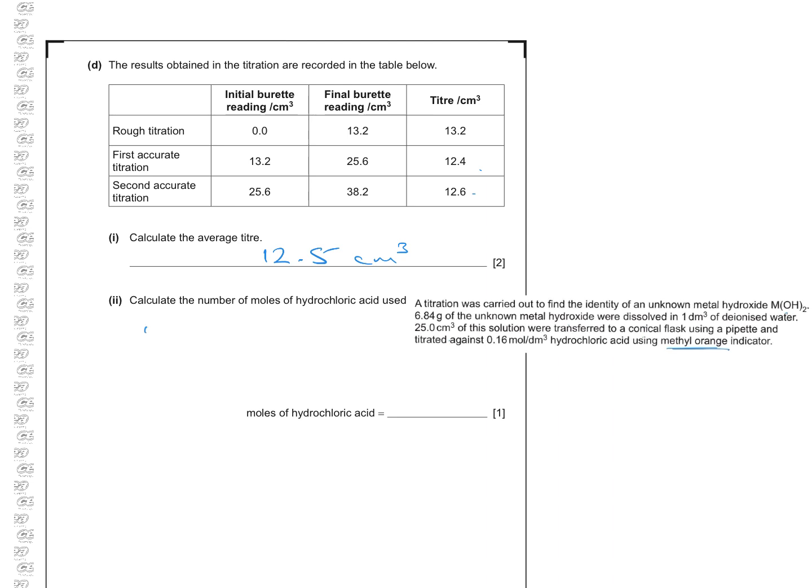So it's going to be 12.5 times the concentration of hydrochloric acid, which is 0.16, and it's got to be divided by 1,000 to turn the 12.5 cubic centimetres into decimetres cubed. So that works out to be 0.002 moles.